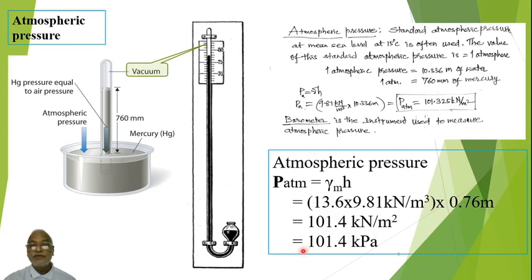So this also gives you 101.4, roughly the same value. So atmospheric pressure value, from now onwards, can be taken as 101.4 kilopascals. Kilo stands for 10 raised to 3, pascal stands for Newton per meter square. So 1 atmospheric pressure is equal to 101.4 kilopascals. You can remember this because many times you have to use it in some of the calculations.